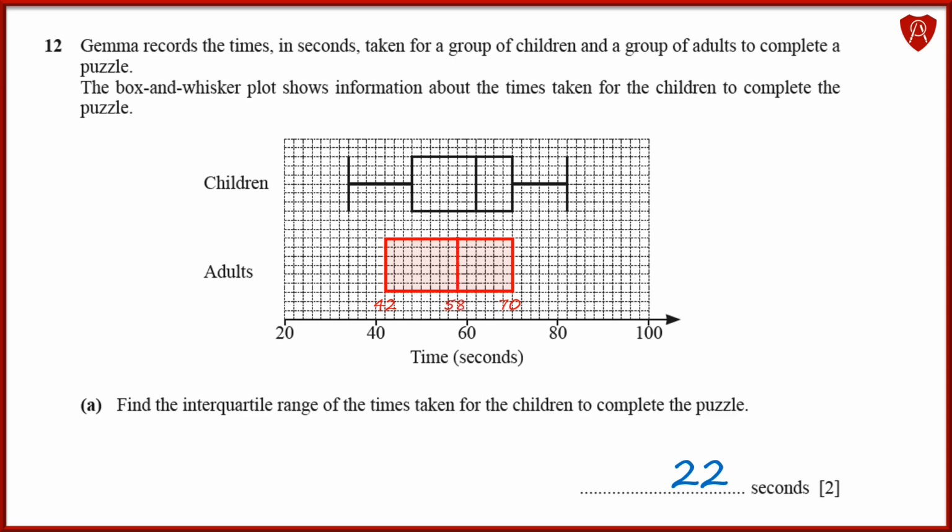Then we need to mark the median as a line in the middle of the box, and then we mark the two extreme points, the minimum and the maximum, and join everything together. You need a ruler to match these values properly to the scale and draw a neat diagram, but that's it for that question.